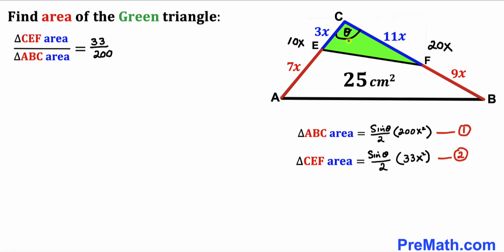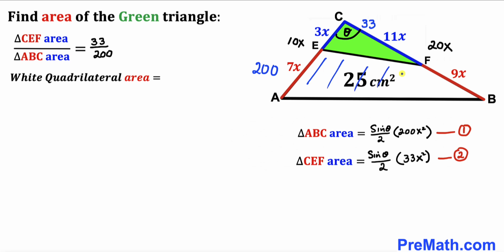In other words, if the whole triangle area is 200, then the area of the green shaded triangle is only 33. So the area of the white quadrilateral is simply 200, the whole triangle ABC area, minus the green shaded triangle's 33, which gives us 167.